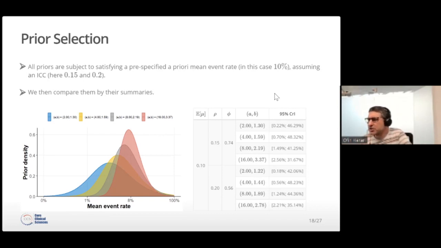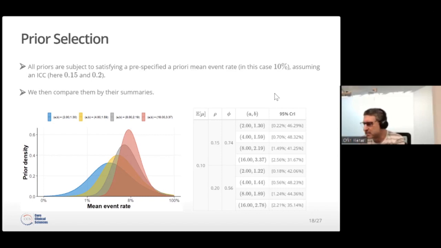And the corresponding shape parameter for my gamma random effect, for basically the cluster-to-cluster variability that matches this ICC and this mean event rate, happens to be 0.74 for the 0.15 ICC and 0.56 for the 0.2 ICC.